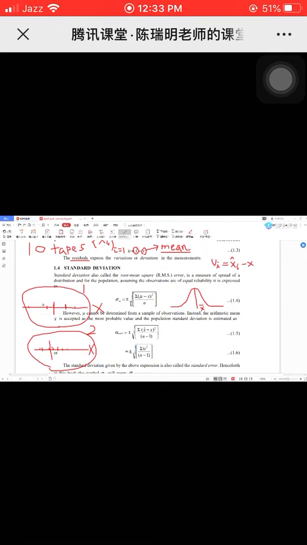The x-axis means the position between A and B based on the tape. So you can take a look. This is our mean. If at this point you have a higher point, you get a positive distance. At this point, the distance is negative, right? You are under the bar.